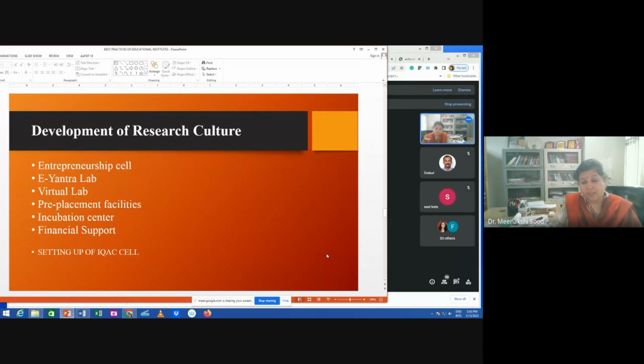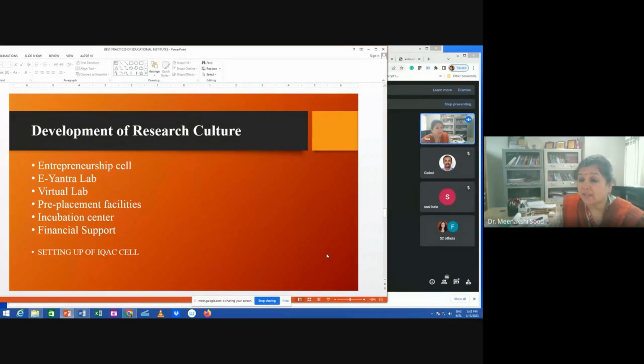Then research, because the coming time is the time of innovations, entrepreneurship, and research. So the curriculum has to be enriched by including the research culture. Not just a major project or minor project, but making the students part of an entrepreneurial cell, or some labs, or some incubation center, like CIA is there.